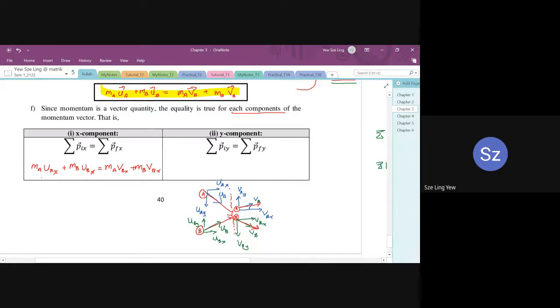M, you don't have to resolve because M is a scalar quantity. When it comes to scalar quantity, the direction is not important.